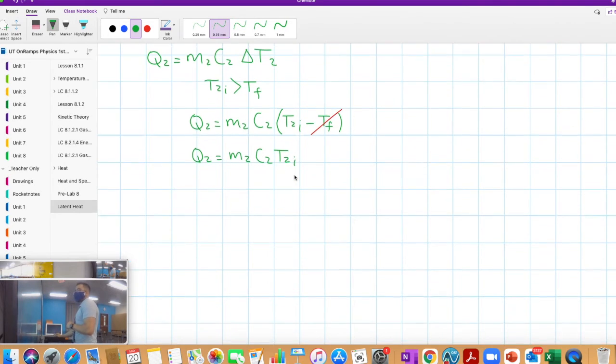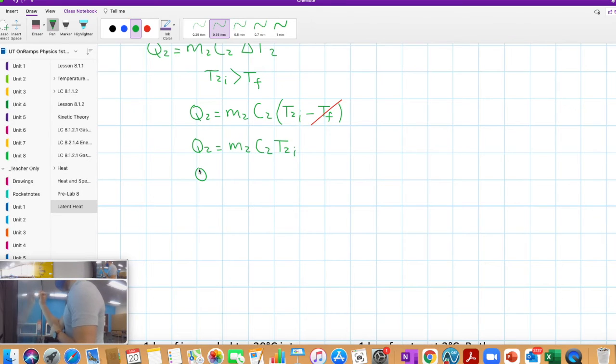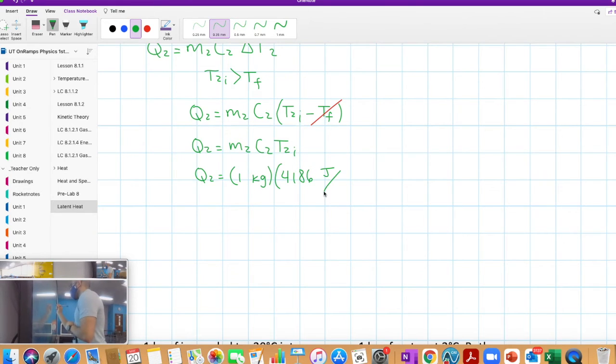That's it. Now I'm going to substitute. As I said, mass 2 is 1 kilogram. Specific heat of water is 4,186 joules per kilogram times degrees Celsius times temperature 2 initial, that is 2 degrees Celsius.